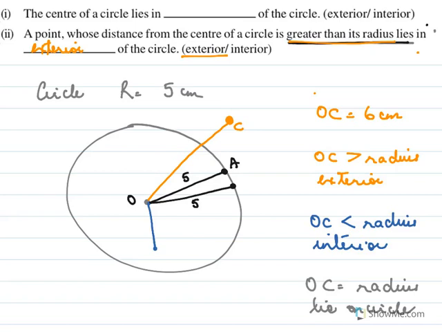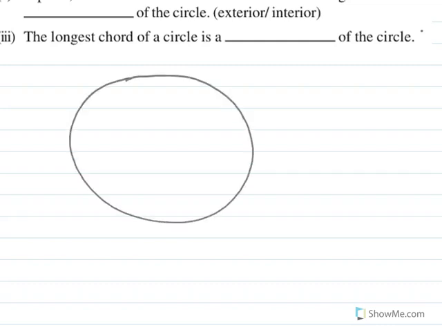The longest chord of the circle is the diameter of the circle. That we already did earlier in the definition. This is the circle. You know what a chord is. You take 2 points on the circle and you join them and you get a chord. And you can draw so many chords. You take 2 points here, you join them, you get another chord. But which is the longest chord? If this is the center, here I am drawing the longest chord.